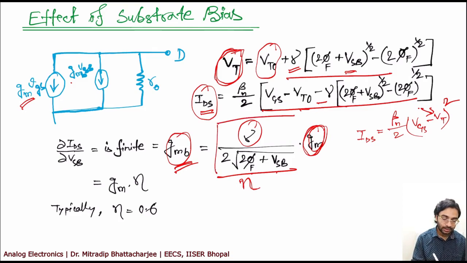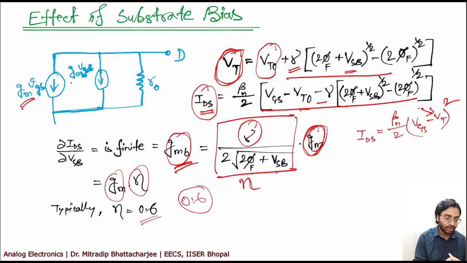This particular expression is known as eta. So you have GM into eta. Typical value of eta is 0.6. Now if you look at this circuit, both the GM Vgs and GMB Vsb are in the same direction, so they will add up. So now you have 1.6 GM.